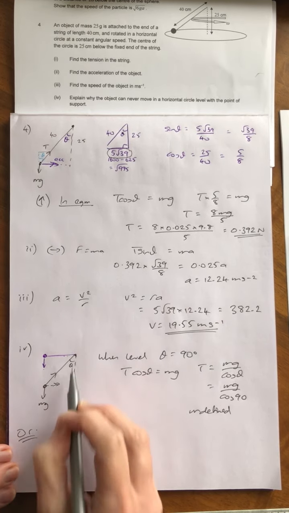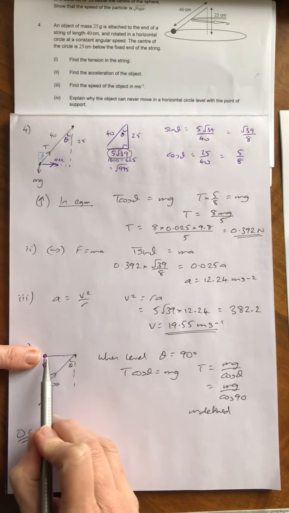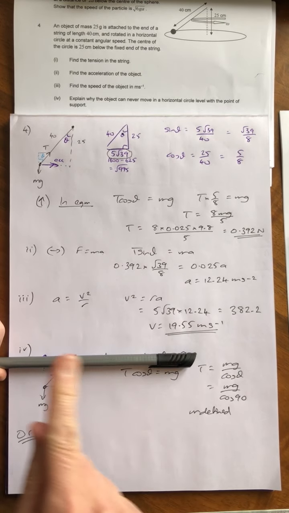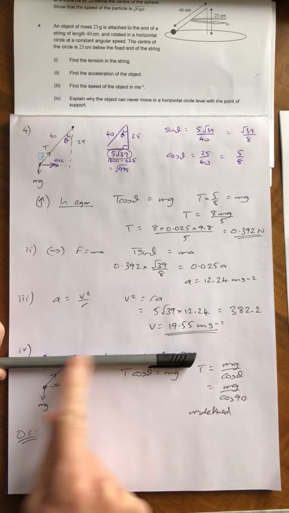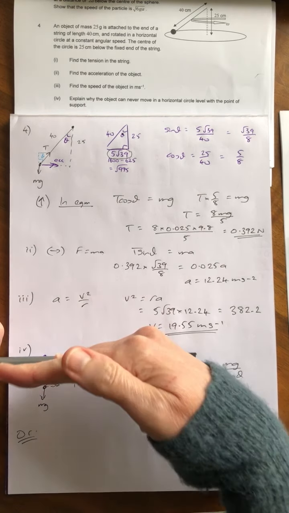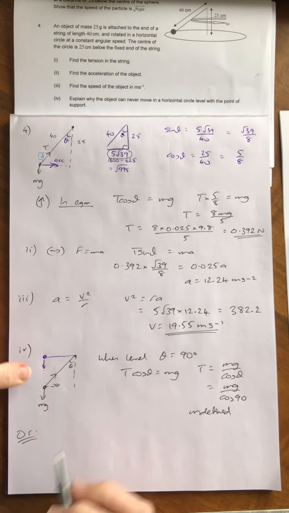Or you could think about what's actually happening with the situation. For it to stay in that horizontal plane, it of course has to be in equilibrium vertically. It can't stay in that level plane if the forces going up and down aren't balanced.